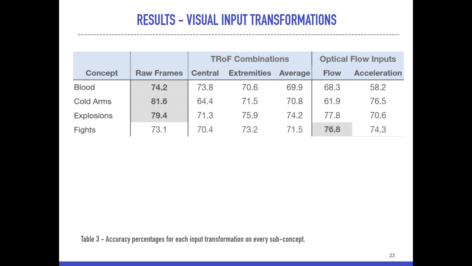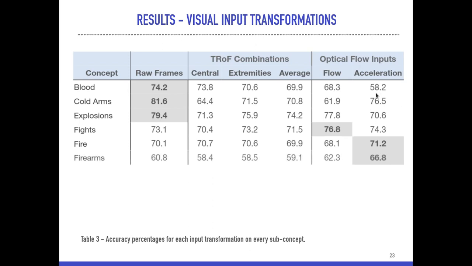For fights and fire, the best results were using optical flow and optical acceleration, which is a good indication that incorporating this temporal information can help detect these kinds of concepts. Firearms, however, was not only our worst individual result, but the network had a better accuracy when using optical acceleration.